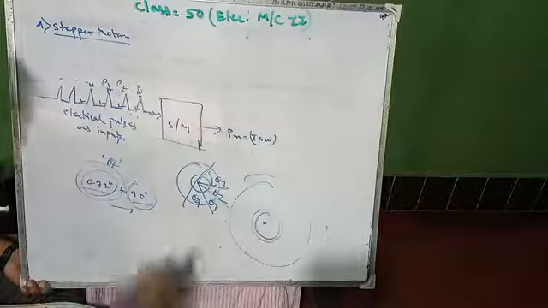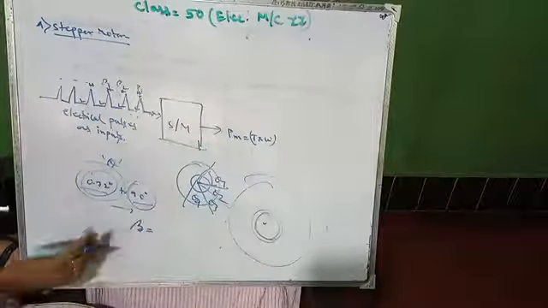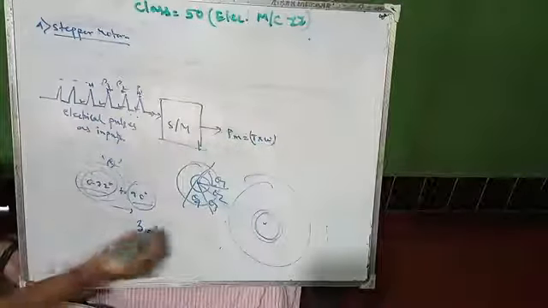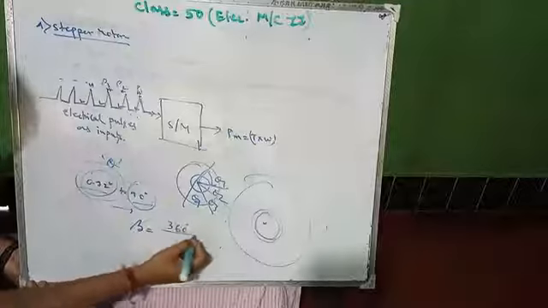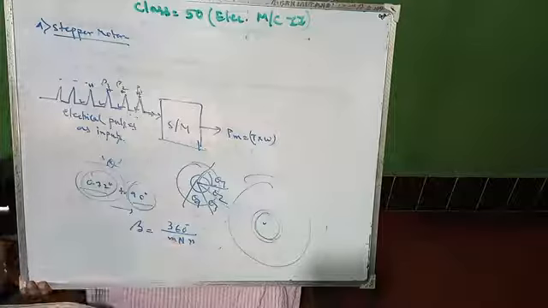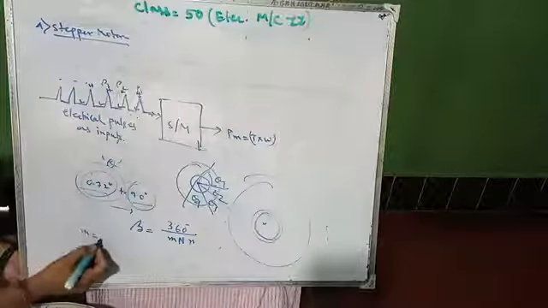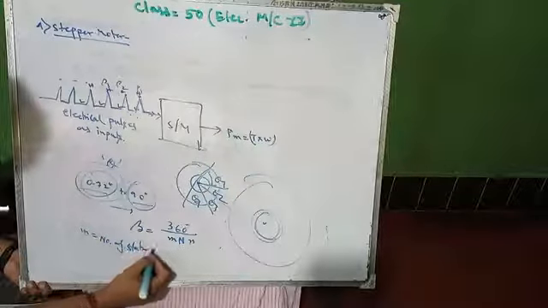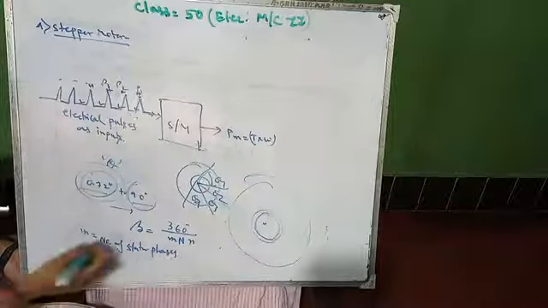And the step size is beta. One relation here: step size beta equals 360 degree divided by m into n into r, where m equals the number of stator phases, whatever the phases are given into the input section.